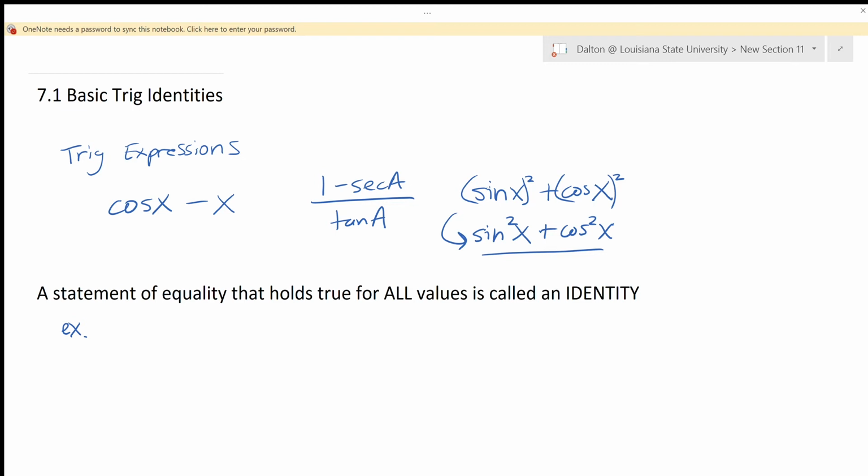So for an example, we can say n times 1 is equal to n, right? No matter what number we multiply by 1, we will always get itself. What is the additive identity? Say again?